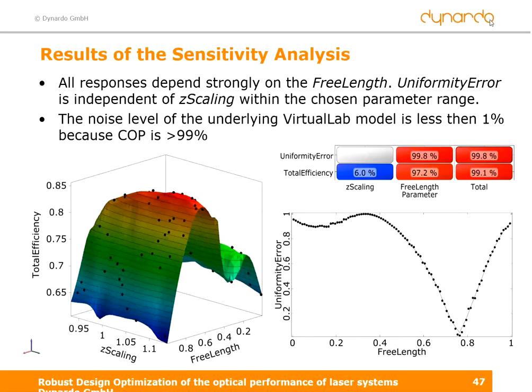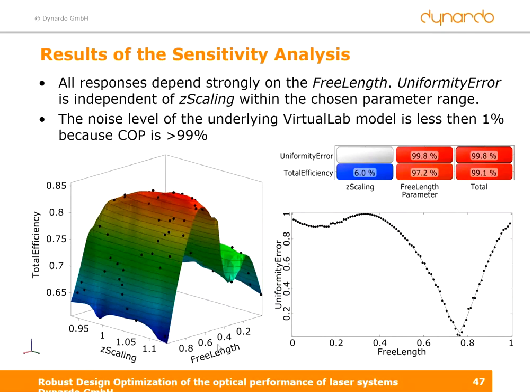What is also interesting is that the uniformity error is independent of the set scaling within this chosen parameter range. This means for us that we don't need to consider this input parameter for the optimization, because we can set the set scaling to the optimal value for the total efficiency.